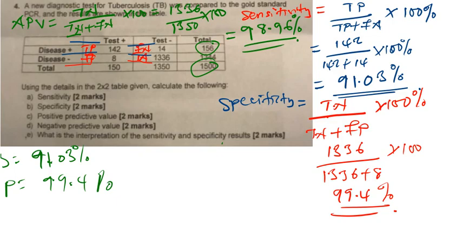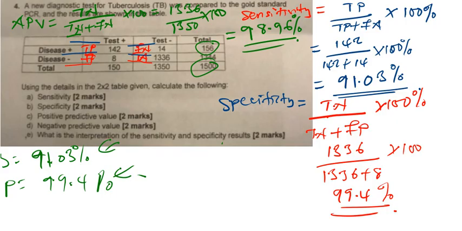So it means that these numbers are high, because for us to pick the new test, we need to look at the sensitivity and the specificity of the test. So the test has got high sensitivity and at the same time high specificity, meaning that it is a rare situation where we're going to get false positives. So the majority of the results detected here are going to be true TB cases.